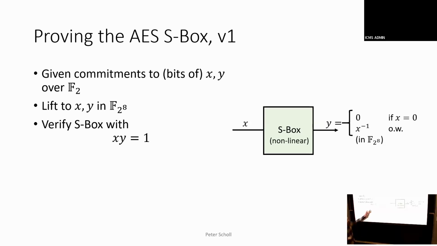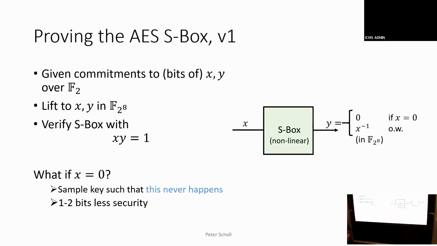So this works almost, except for the cases where X or Y is 0. So one way to work around this is actually to kind of cheat and say, okay, let's sample the secret key of AES and do rejection sampling such that we never get a 0 as an input to an S box.